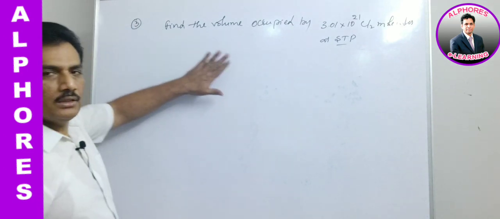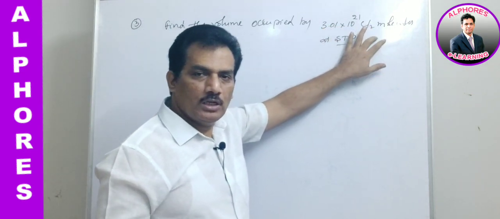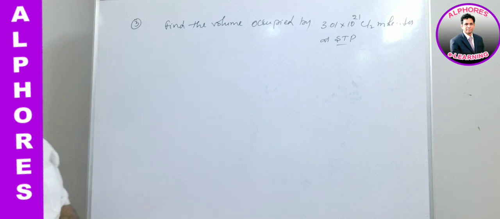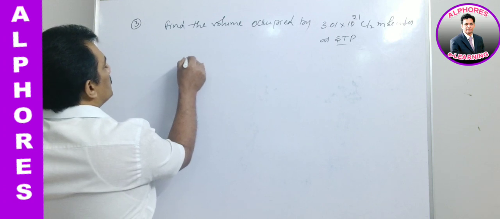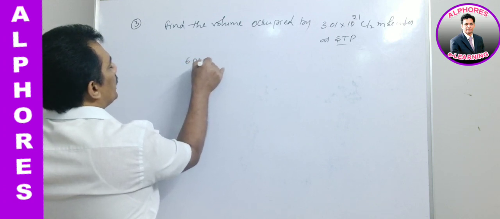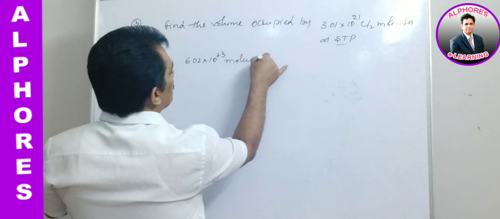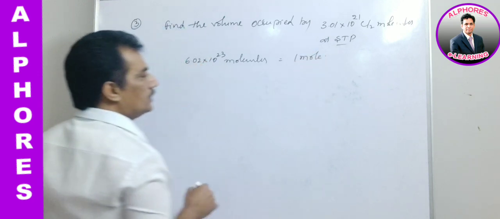Now here in the third case, they are providing the number of gas molecules, and they are asking for the volume at STP condition. Then how to measure it? First, we know 6.02 into 10 to the power of 23 molecules is equal to 1 mole. Is it not?